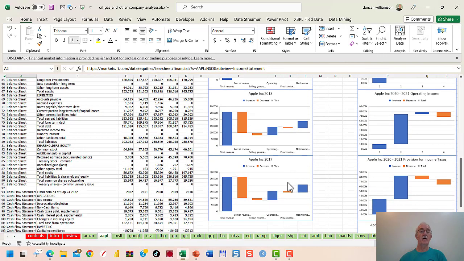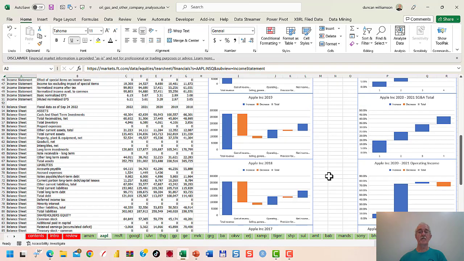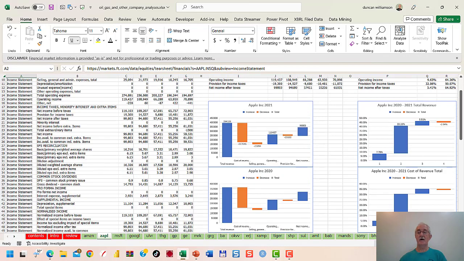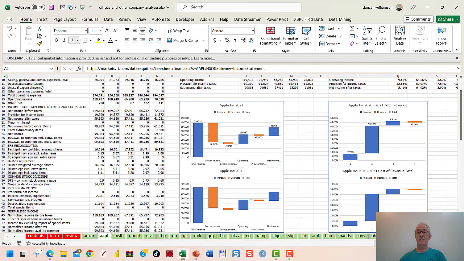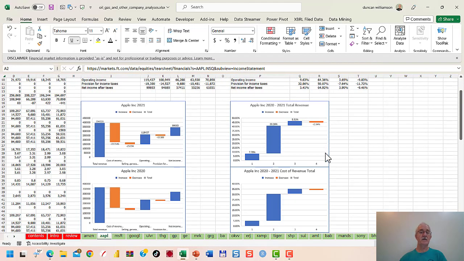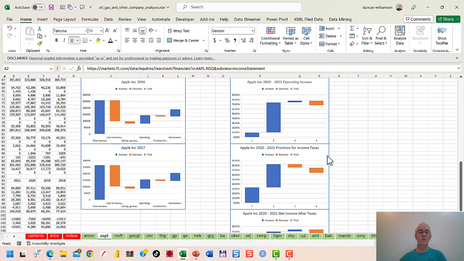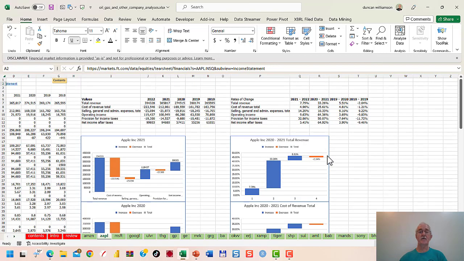I've simply created them here in this file, exactly the way that you see them in the FT. They're not very creative, but they're meaningful. And the same on the right-hand side, another series of ratios, another series of graphs and charts. Purely for Apple. You might not see this on any other company.